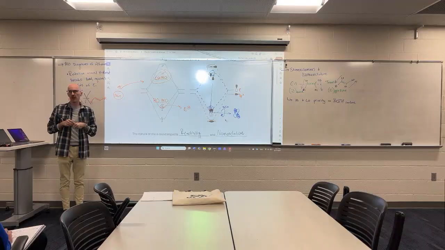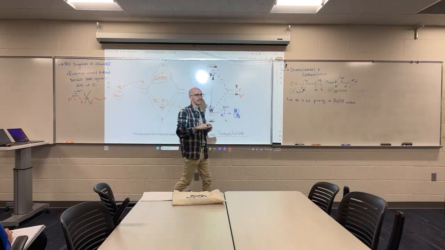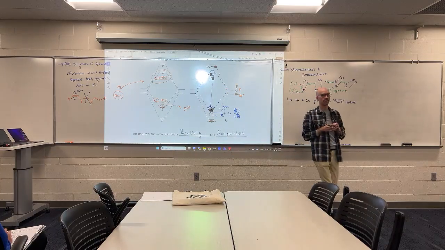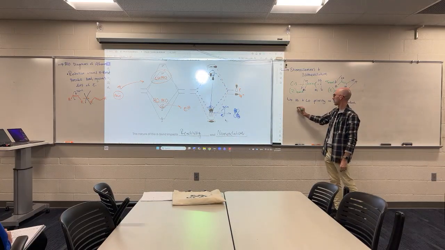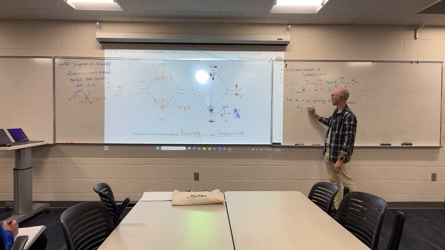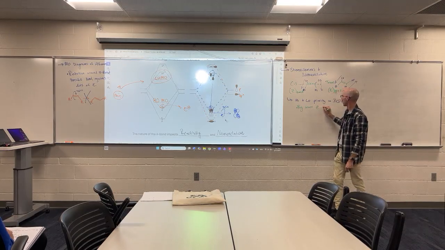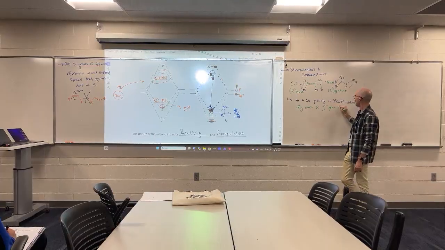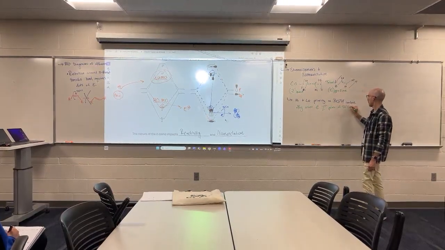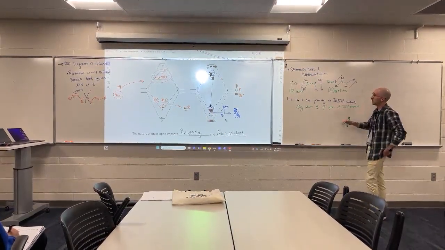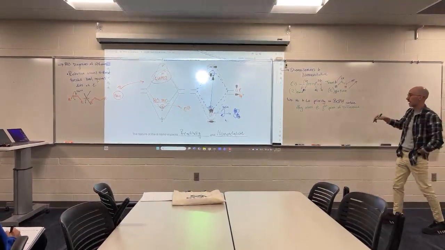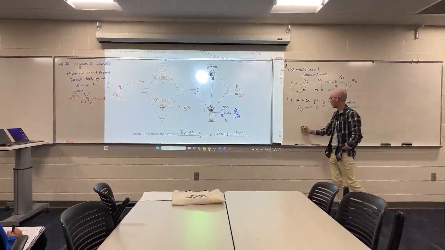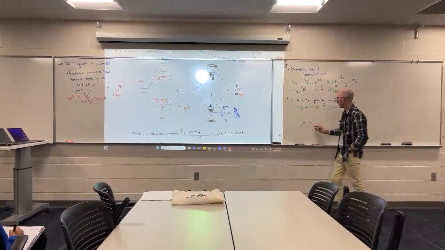What rules should we follow to determine the highest priority? We'll use the same ones. By mass at the first point of difference. So I've already assigned on these compounds what is high priority and what is low priority.